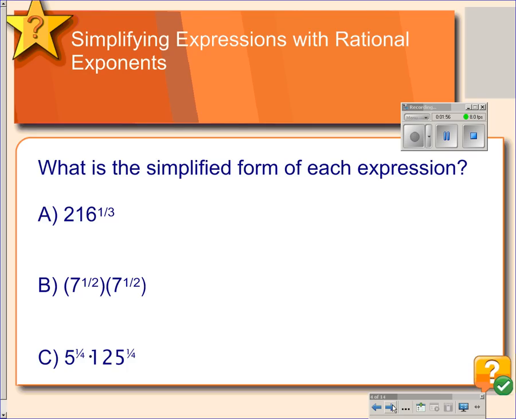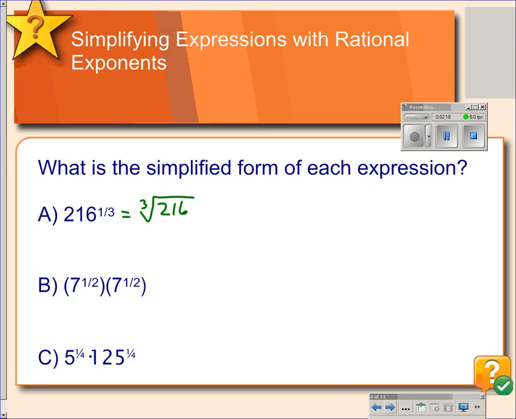So we can simplify each of these expressions by using this exponent information. 216 to the 1/3 power is the same thing as the cube root of 216. If we're going to take the cube root of 216, it would be helpful if we factored it.